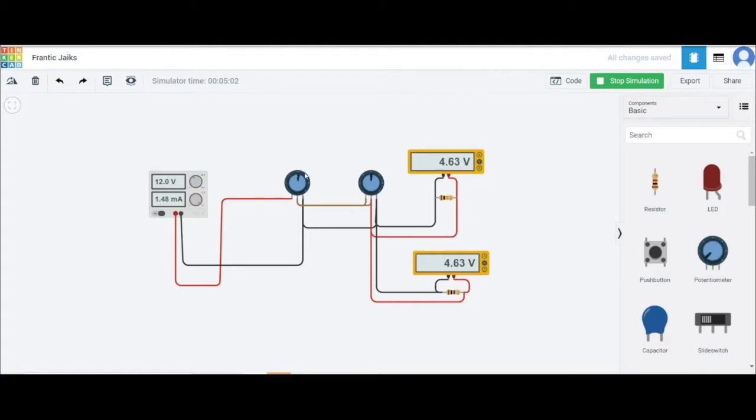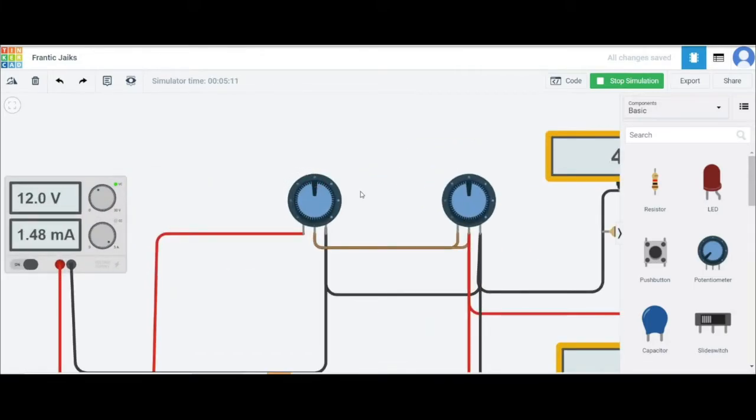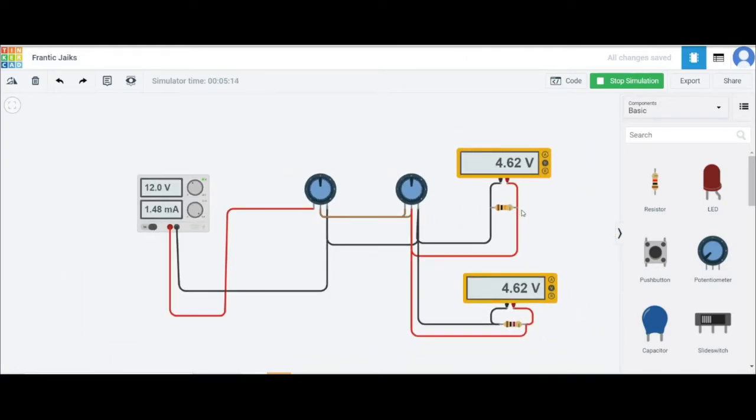You can see when I vary this knob, both readings are the same because the reading follows the result from meter A. The 10 kilo ohm internal resistor affects the reading of the whole circuit, and the 100 mega ohm internal resistor meter won't affect the reading, which means it is more accurate.